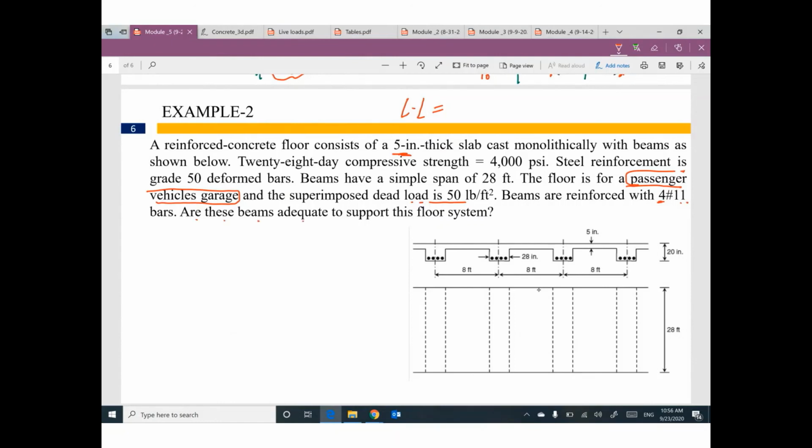So you need to figure out the value of M ultimate and the value of the design moment. To make this beam safe, your ultimate moment must be smaller than or equal to the design moment. The same sequence, nothing changed, but your numbers will be a little bit different.